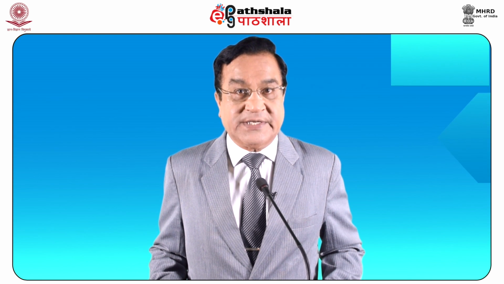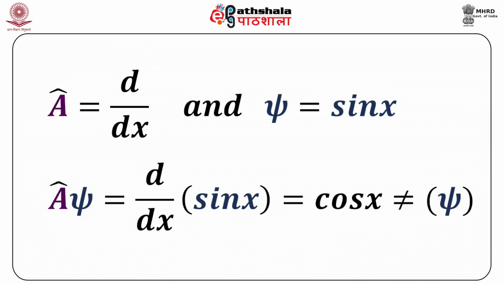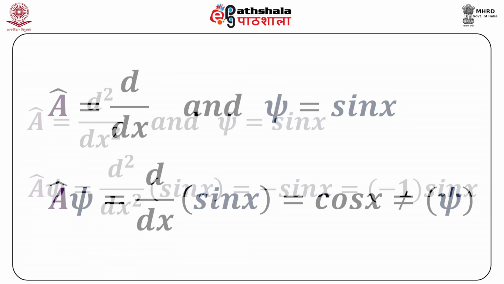Suppose there is an operator A cap equals d by dx, and suppose the wave function is sin x. Once this operator operates on sin x, we get cos x. That means the original function is not reproduced, so it is not satisfying the eigenvalue equation.